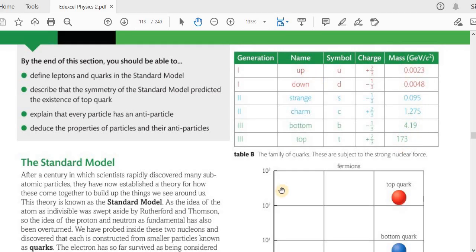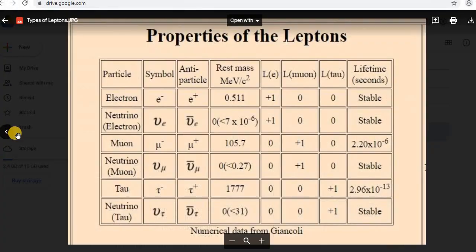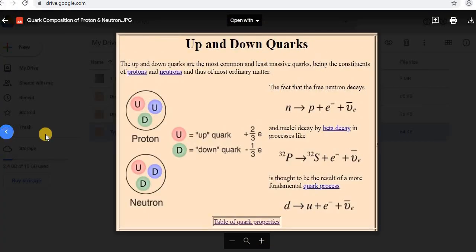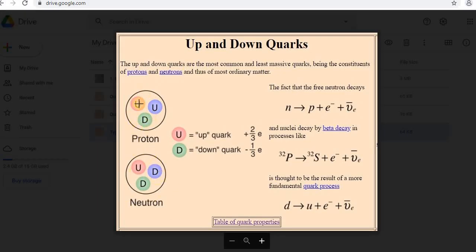Let me go back to my notes here. This is the proton and this is the neutron. Proton is made up of 2 up quarks and 1 down quark. You see UD. Neutron is made up of 1 up quark and 2 down quarks. So both the proton and the neutron are made up of only up quarks and down quarks.